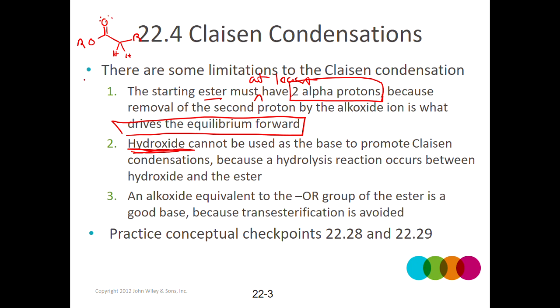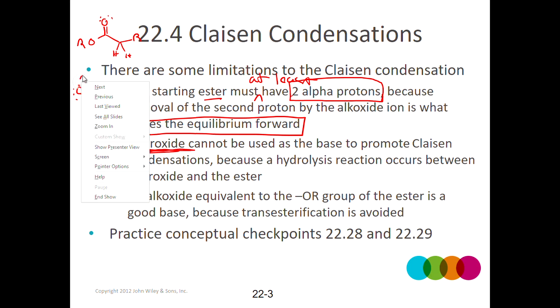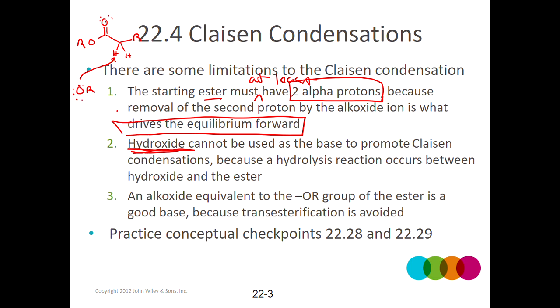So if we use an OR, an ethoxide as a base, that's fine, because the ethoxide or some other alkoxide, it can do what we want it to do, which is to pick off this proton and make the enolate, or it could come in here and attack. And if the electrons swing back down, it doesn't matter really which OR group gets pushed out because they'd be identical.